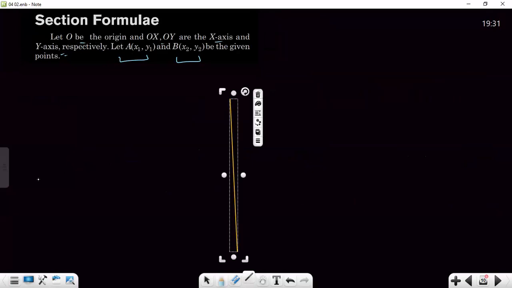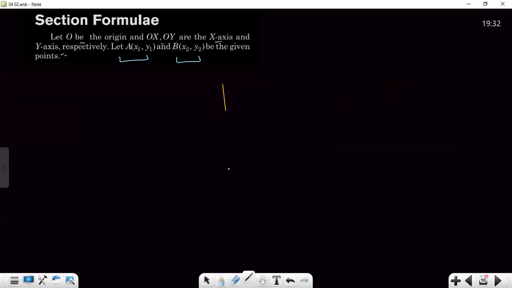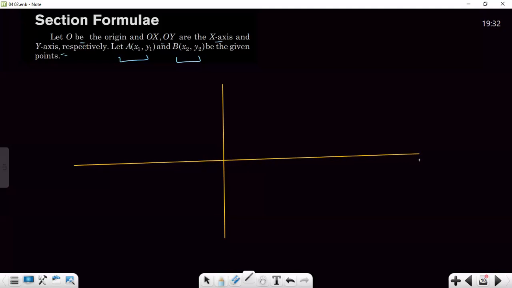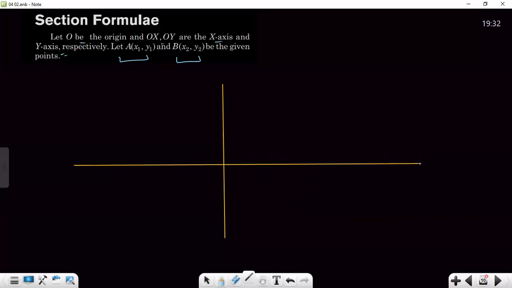So here is our Cartesian plane. I tried my best to make it perpendicular.